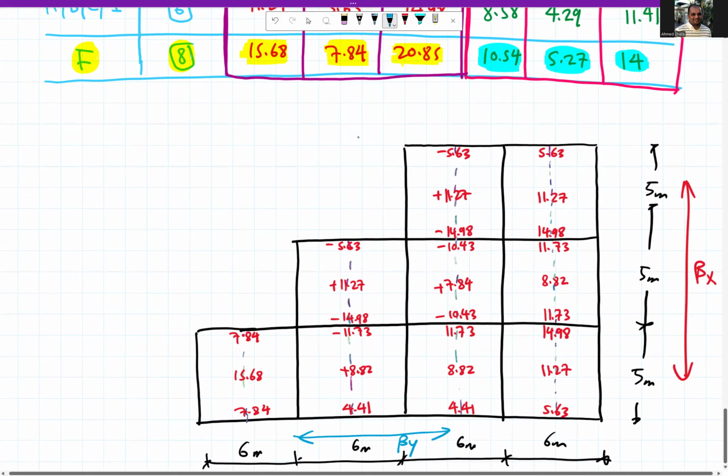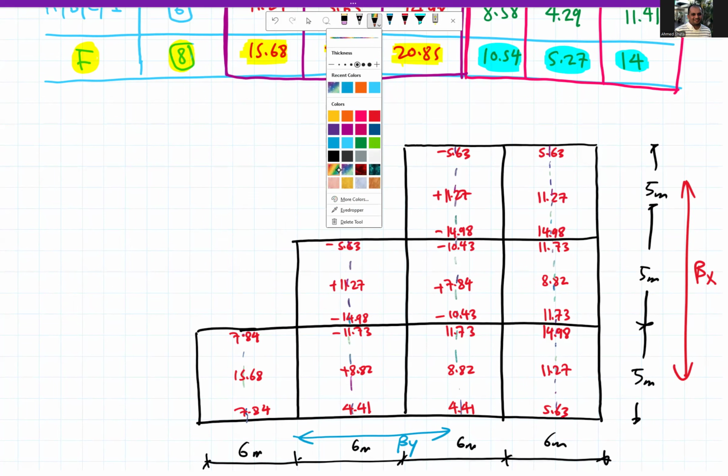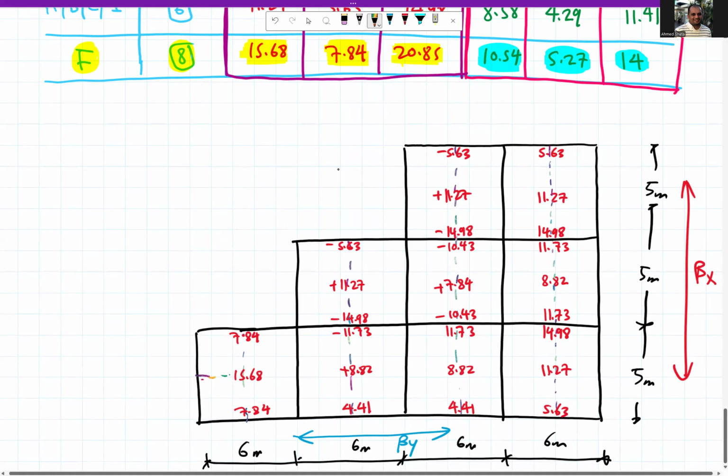So we can draw it in the other order. Similar to the other one, we have our strip like that here. So I will put the moment on this line.